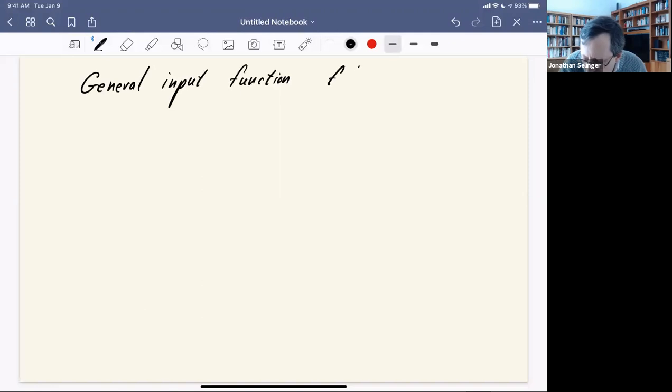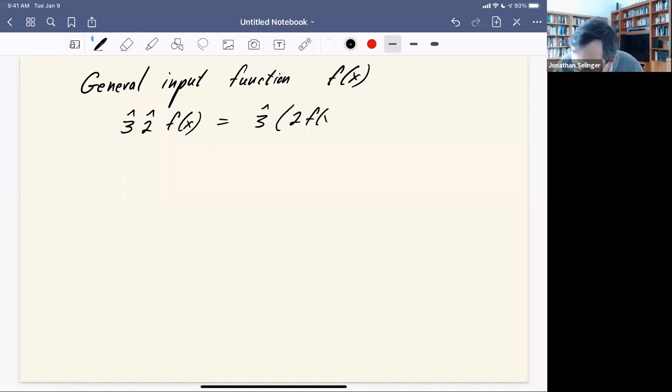Let's just call the input function f of x without saying what it is. Then 3 hat 2 hat acting on f of x is 3 hat acting on 2 f of x. So that is 6 f of x.